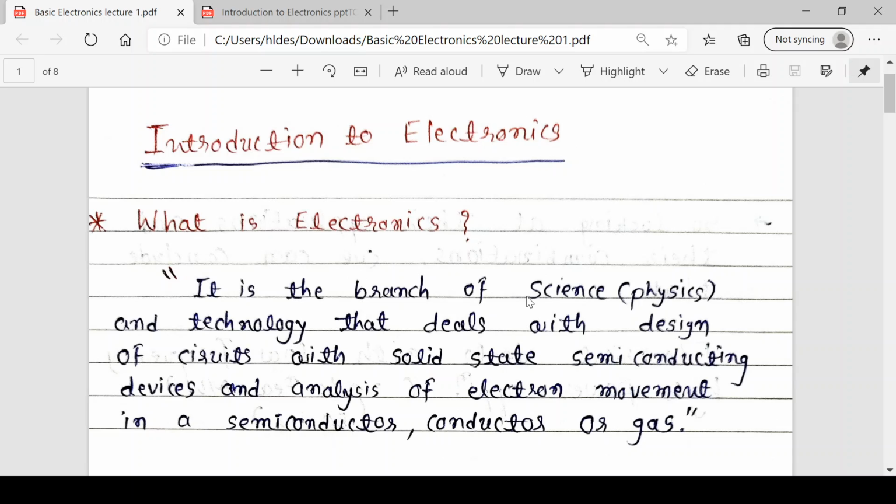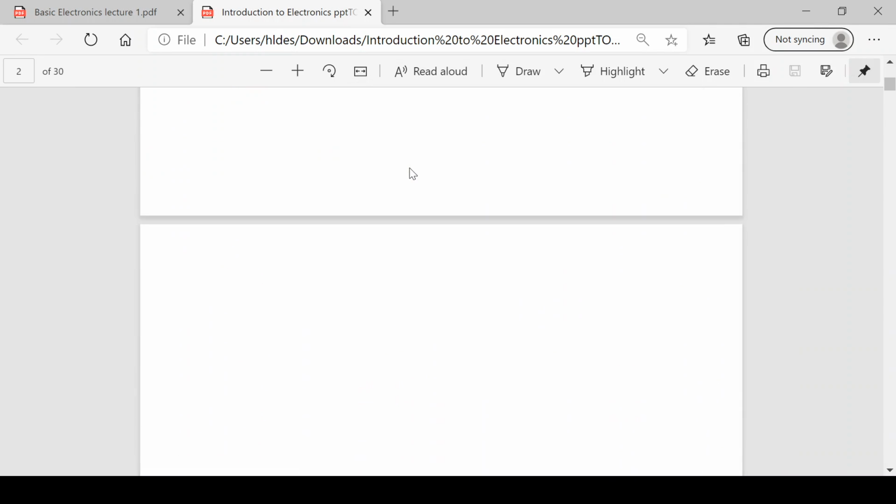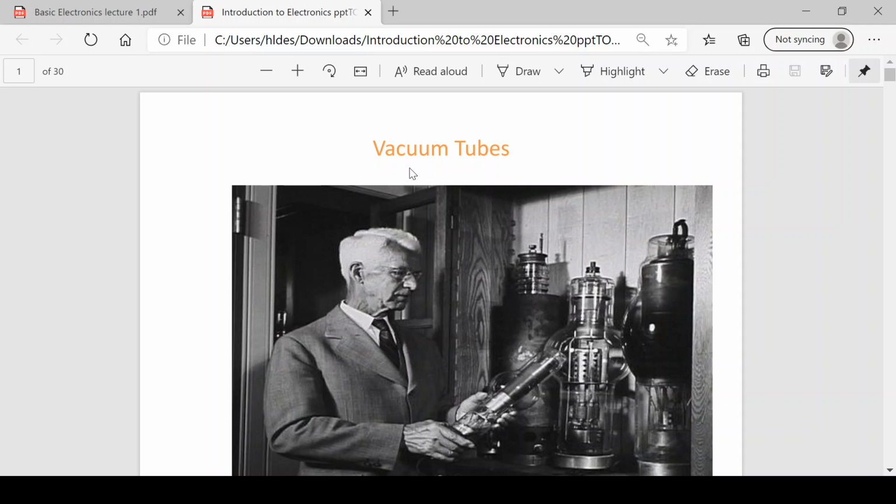So what may be the origin of this electronics? You might be aware that in the era of the Second World War, from 1939 to 45, European countries were using vacuum tubes for their warfare devices.